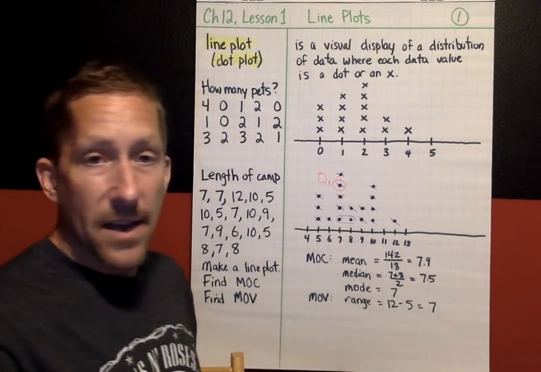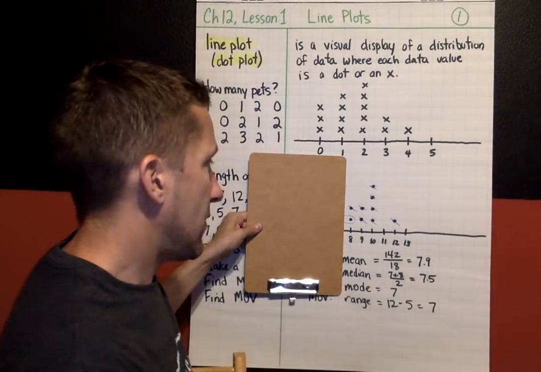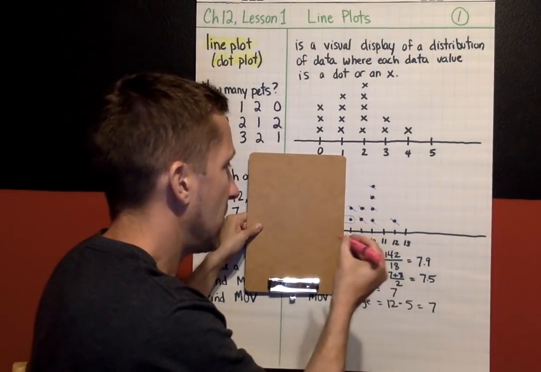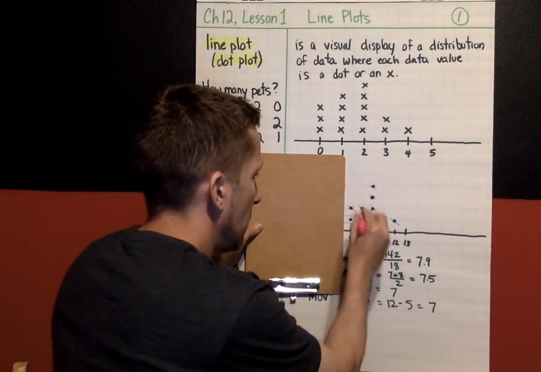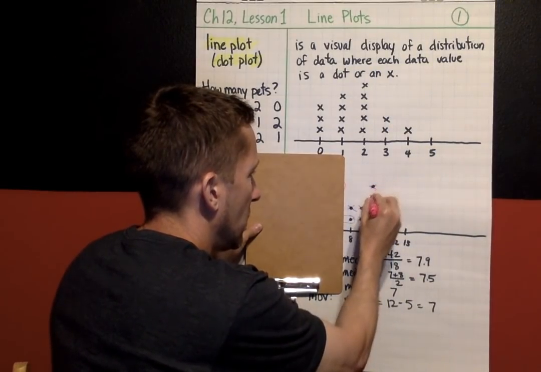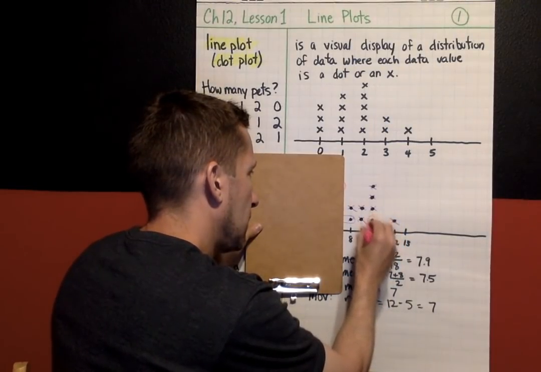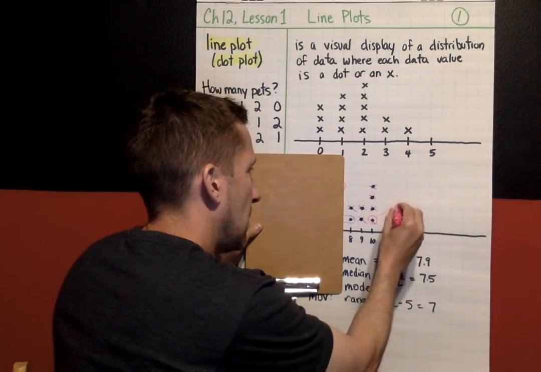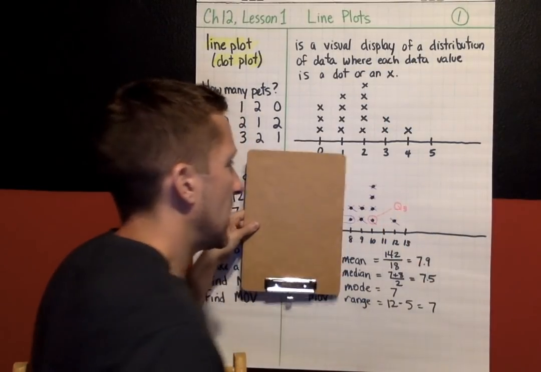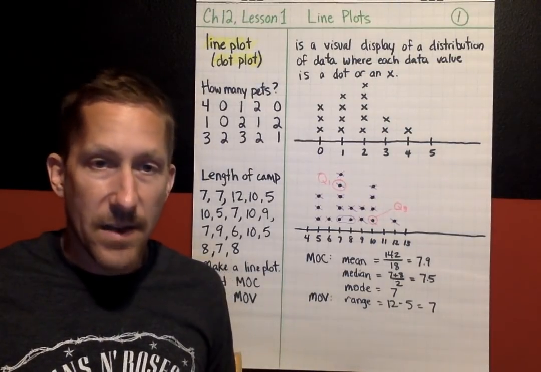Now I'm going to look at the upper half of my data. I'm going to cover up the lower half, and I'm going to cross out till I get to the middle of my upper half of data. So 1, 2, 3, 4, 1, 2, 3, 4. Here is the very middle of my upper half of data. So that is quartile 3. Now I can write those down.